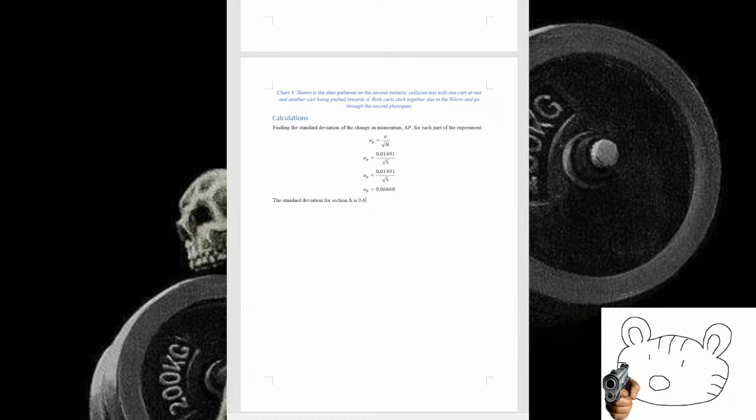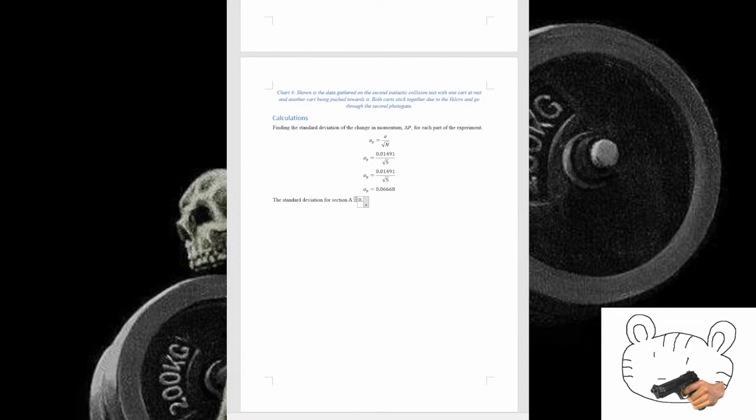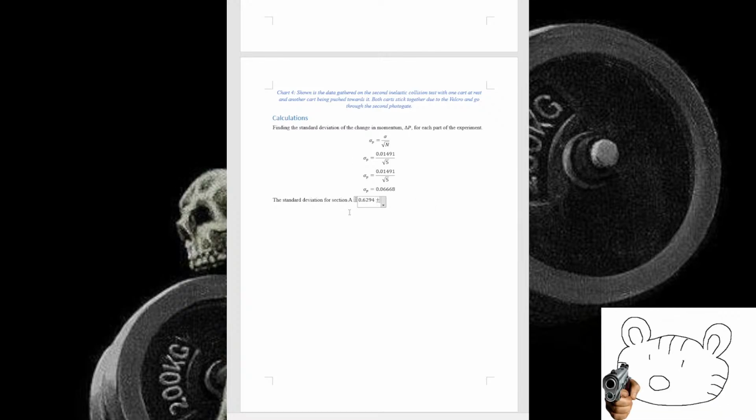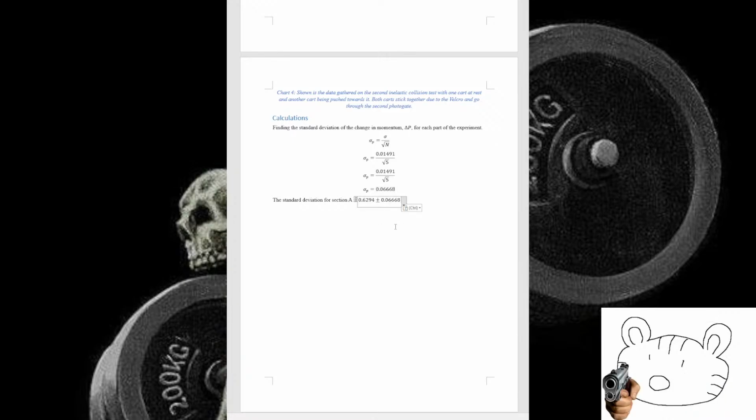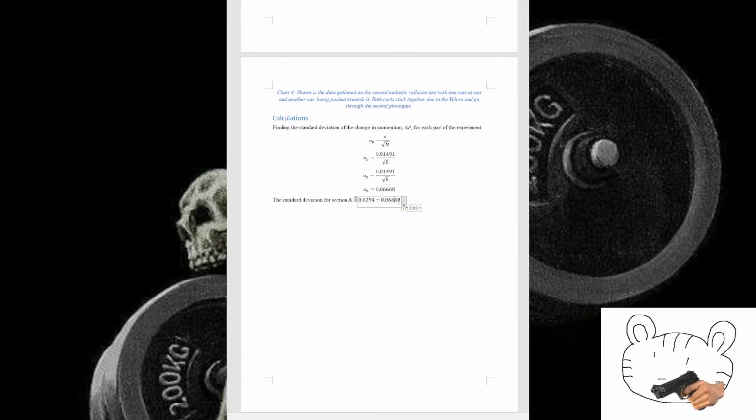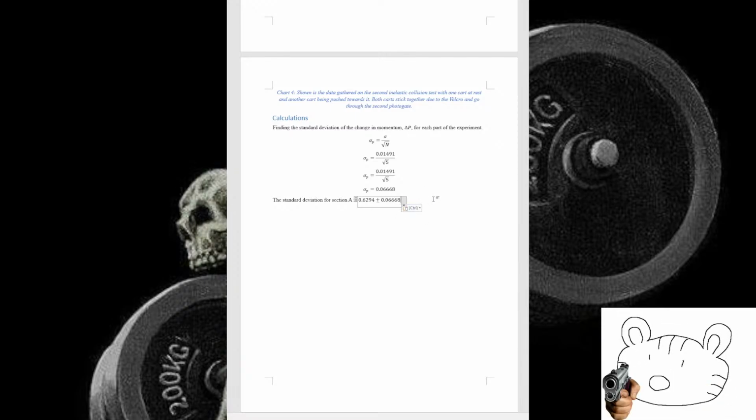Or actually, we'll write this in an equation. 0.6294 plus or minus, up on the insert equation bar, and then we take our value, put it there, and that is all in kilograms per meter.